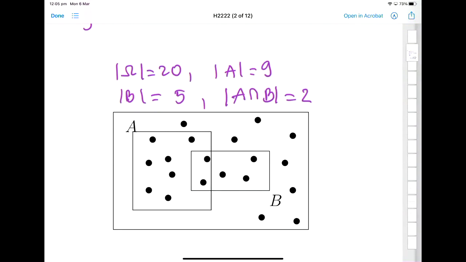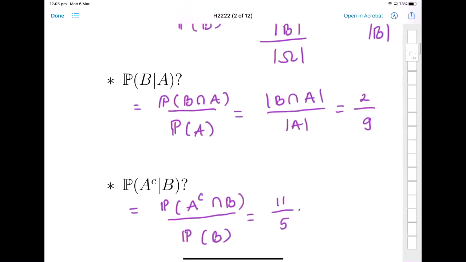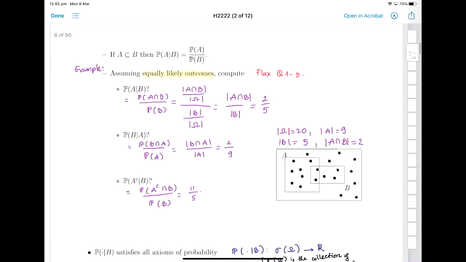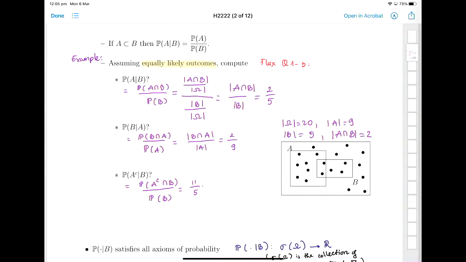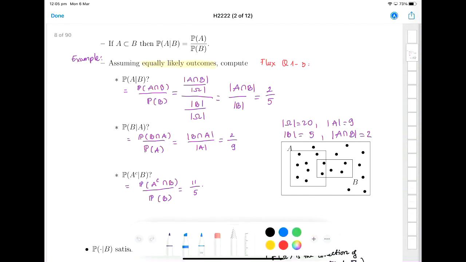Because we have the assumption that the outcomes are equally likely, which means that the probability of A intersect B equals the number of elements in the intersection of A and B divided by the number of elements of omega.